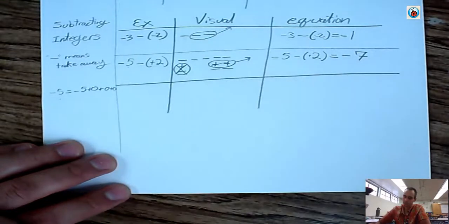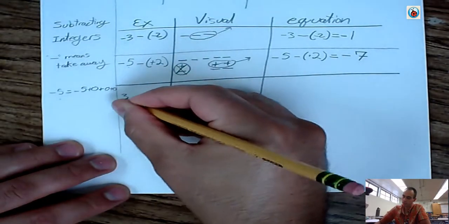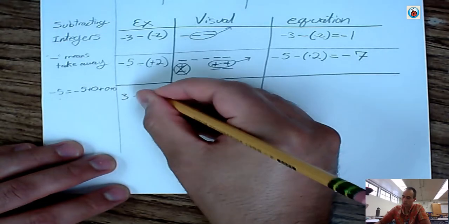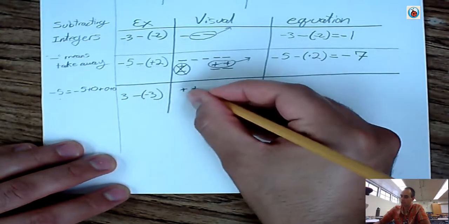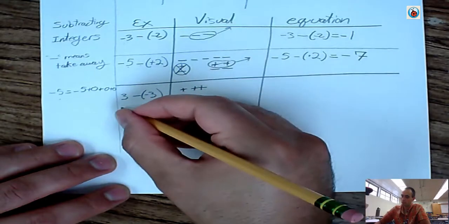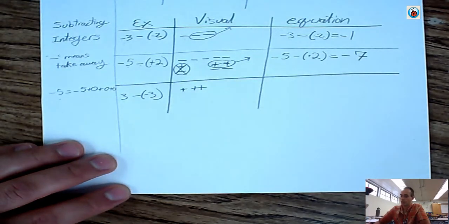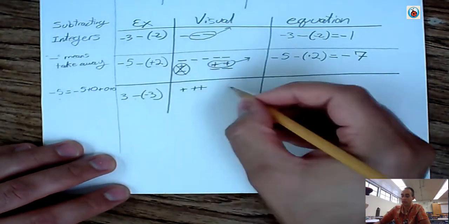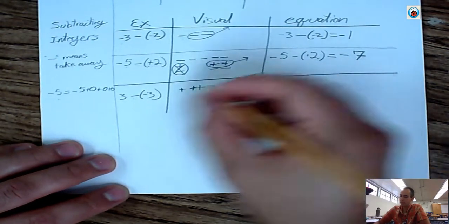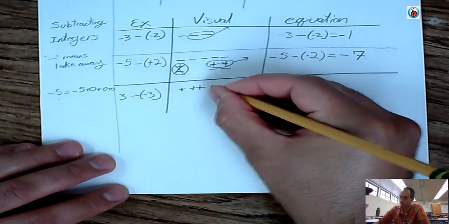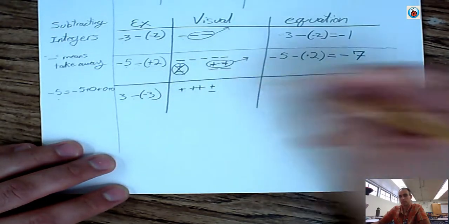Let's do our last problem. Let's do it the other way though. 3 positives, take away 3 negatives. Same concept. Add in 3 positives to start out. That's my starting point. I'm going to take away 3 negatives. Do I have 3 negatives? No. So let's add in 0 pairs. Do I have 3 negatives yet?